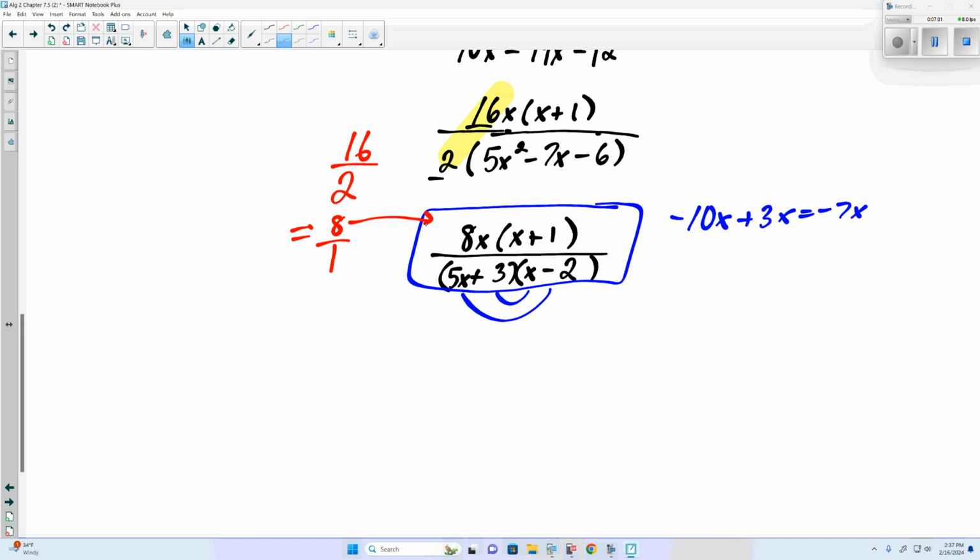The 8 goes to the numerator, and we put the 1 on the denominator, but we don't have to write it in because 1 times our 5x plus 3 is the same as just 5x plus 3. Questions on this here?